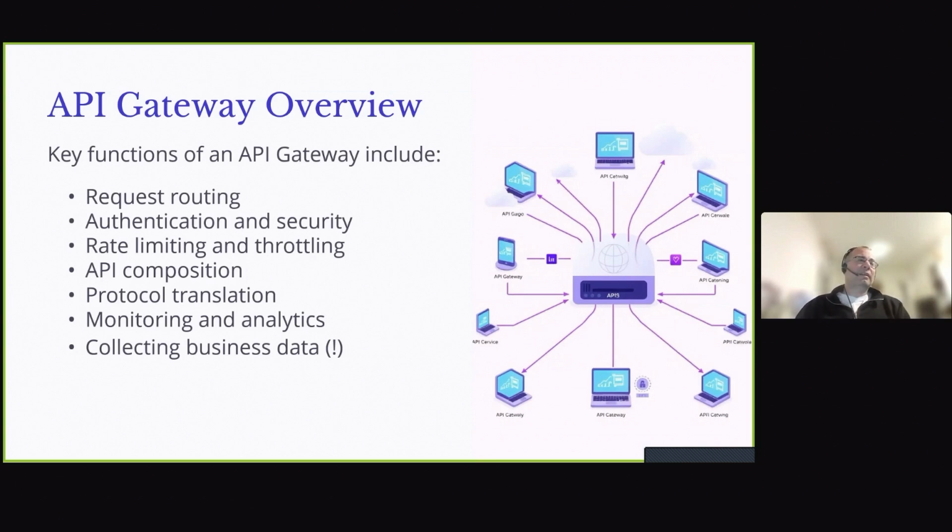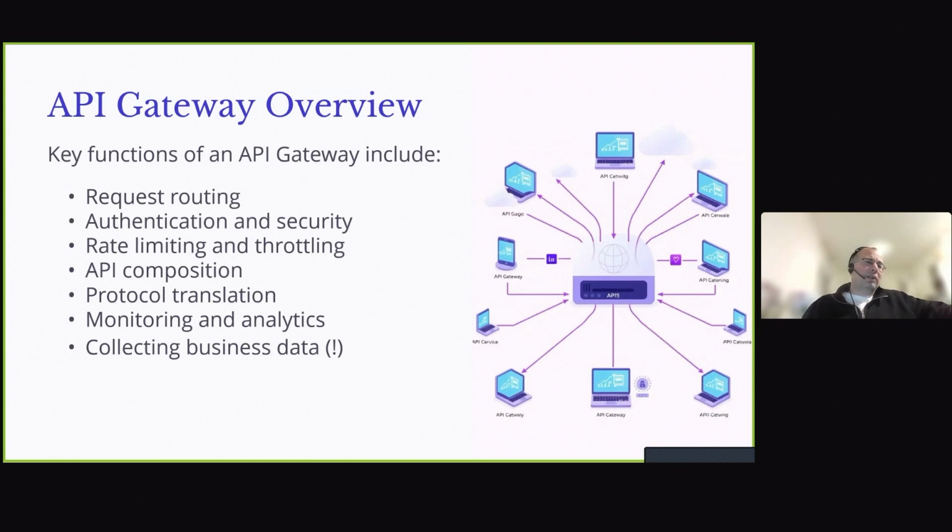So an API gateway can do the basic stuff of routing, right? Where is the service located, and maybe even some load balancing if we have several instances, for example. We don't want every service to do the same authentication and manage that in every service, so we can do that on the API gateway. And same for rate limiting, right? If our service is public, this can be a concern.